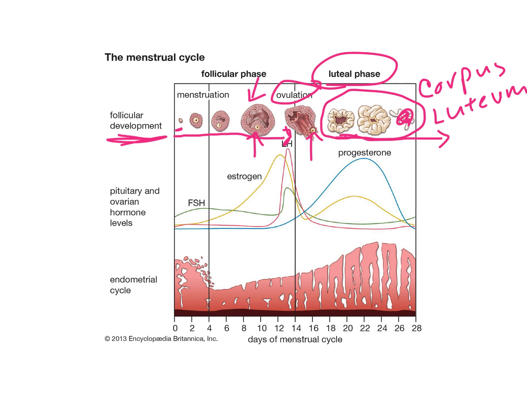If we look at the hormone levels, we're going to see estrogen slowly increase during that first half of the menstrual cycle and peak right before ovulation, which makes sense because estrogen helps mature that egg and follicle, and we want that egg and follicle to be most mature right before ovulation. Estrogen also stimulates ovulation to happen, so that also makes sense.